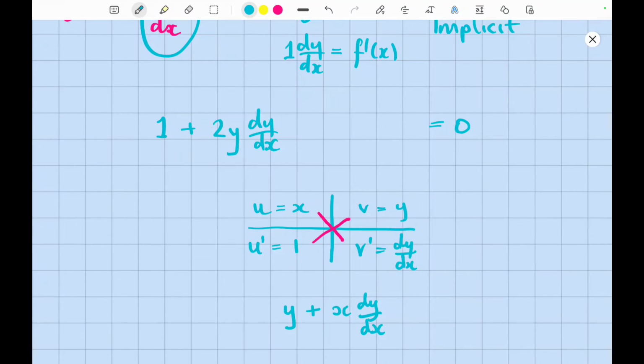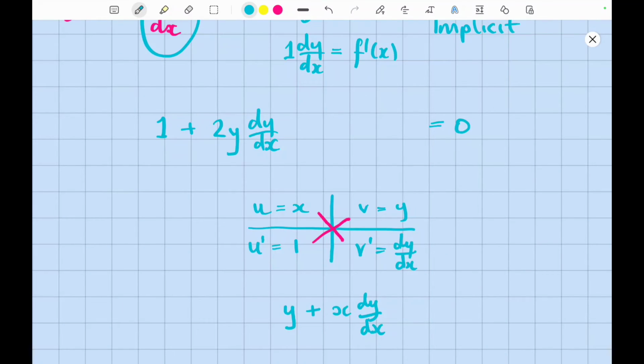You just hold one to be the same, like as it was before, multiplied by the derivative of the other, and you hold the other one to be the same, multiplied by the derivative of the first one, and then you add them together. The difficulty here, the reason why it's best to do it with your method, is because you have implicit differentiation and you have differentiating y with respect to x. Requires a little bit of extra thought.